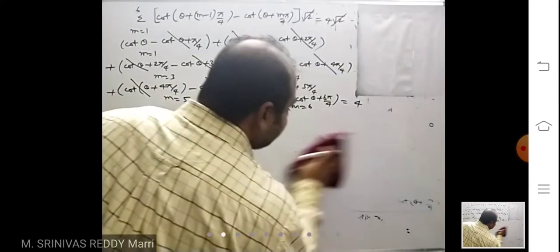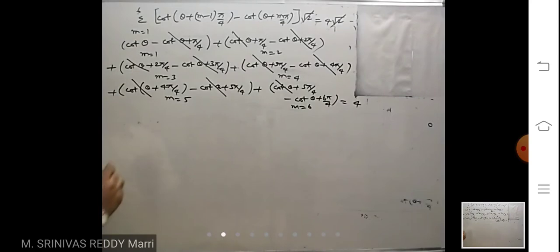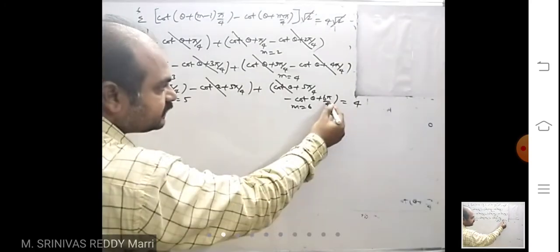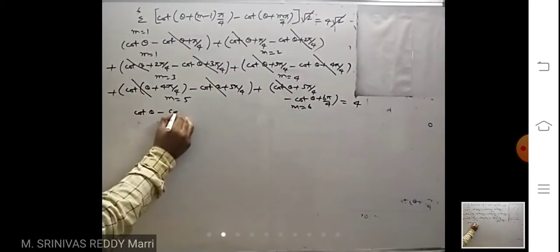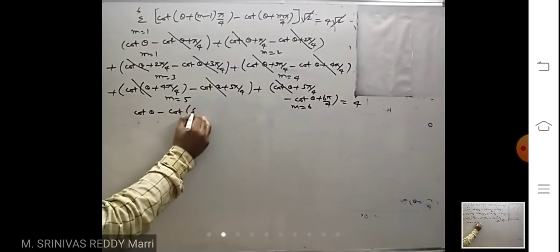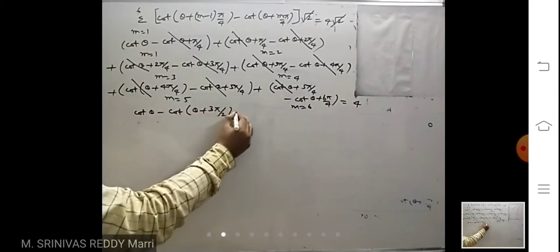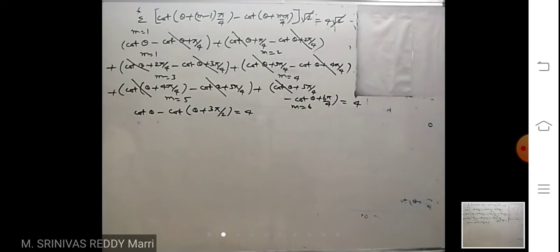Now, what are the remaining terms? If you look at cot theta minus cot of theta plus 3 pi by 2 equal to 4.